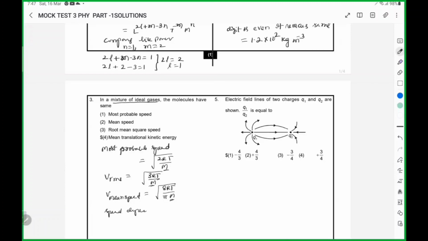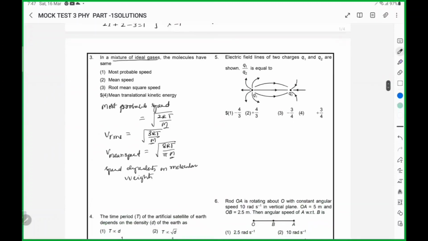Speed depends on molecular weight. So all molecules will not have the same speeds. The more the molecular weight, the lesser the speed. The less the molecular weight, the more the speed.